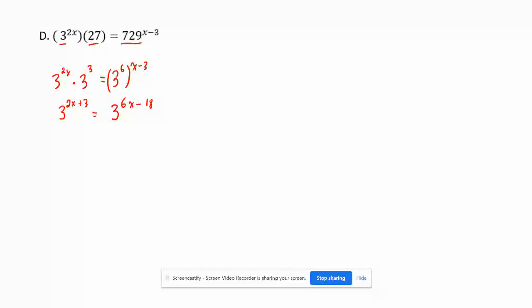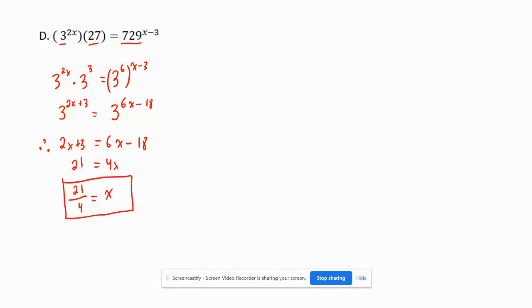And on this side, I have 3 to the 6th to the x minus 3. That means I can multiply these exponents over here. So now the bases are the same. They're both base 3. Therefore, 2x plus 3 equals 6x minus 18. Subtract 2x from both sides. Add 18. Divide by 4. Our solution is going to be 21 over 4.